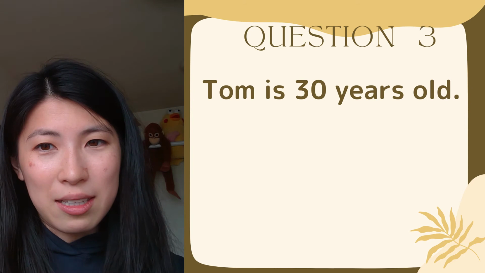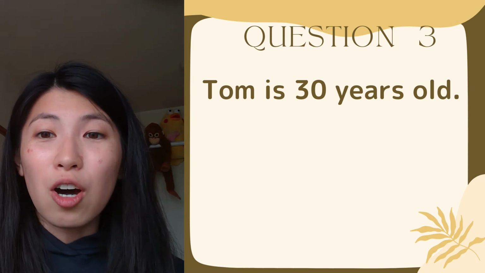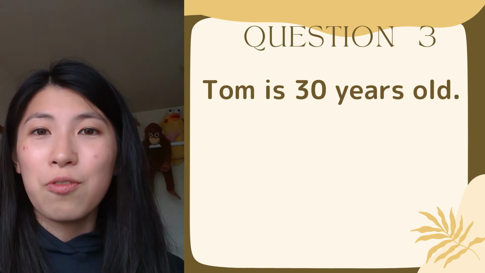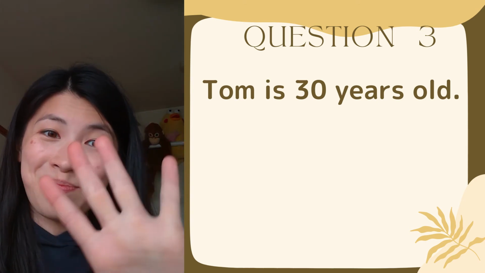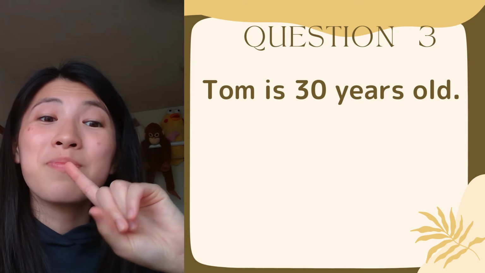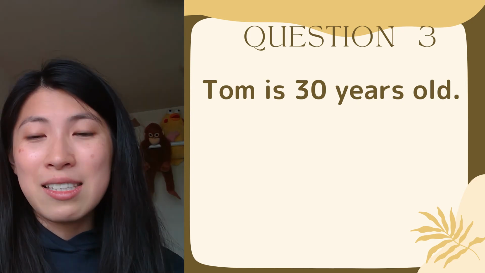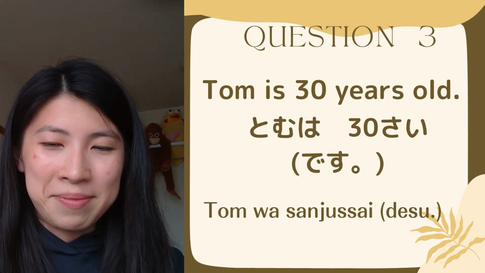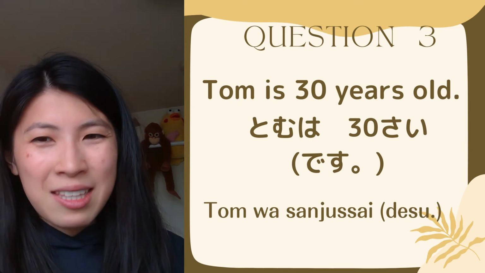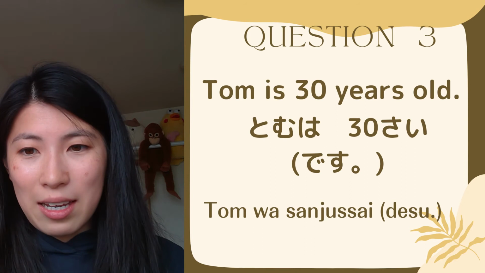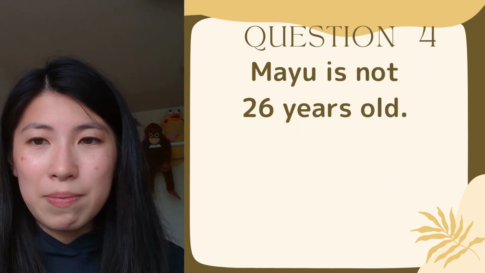Question 3. How to say "Tom is 30 years old"? I'll give you 5 seconds. The answer is トムは30歳です。Exception 1. Okay. Here's the last question.